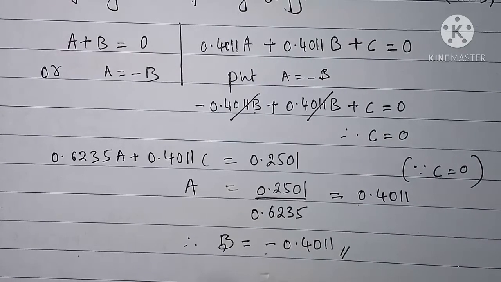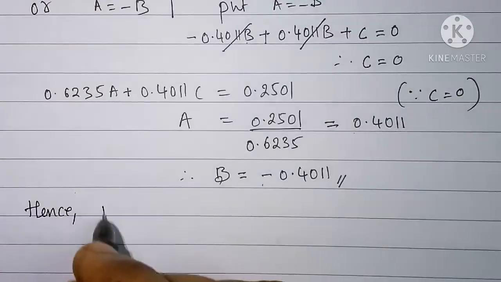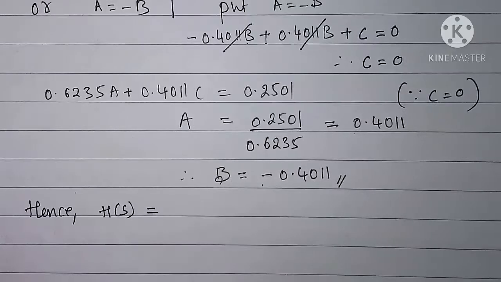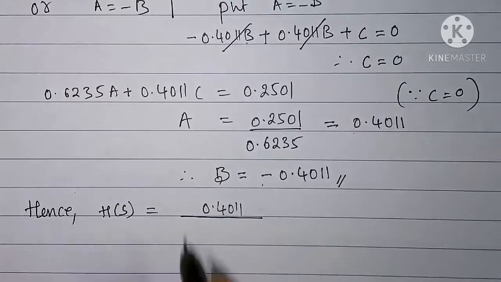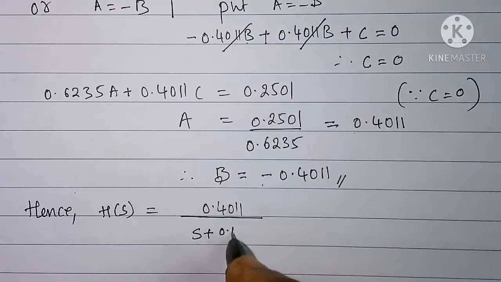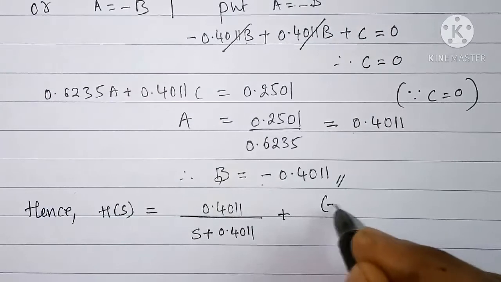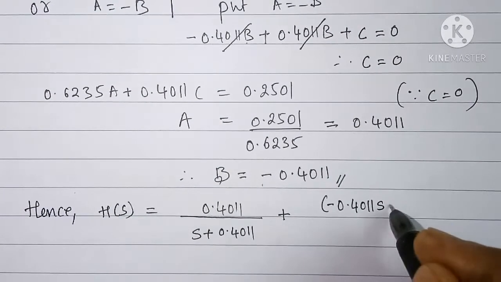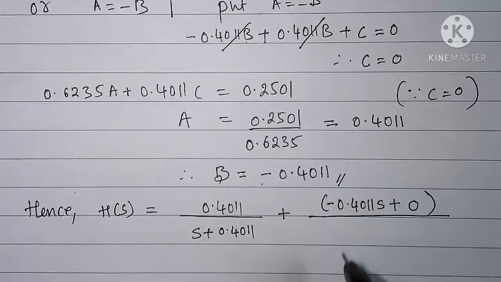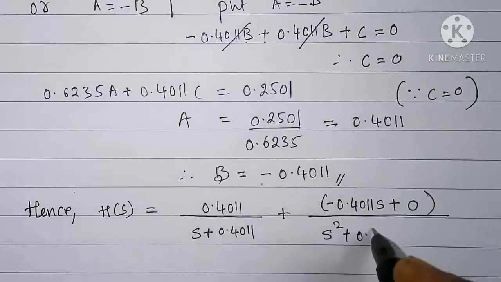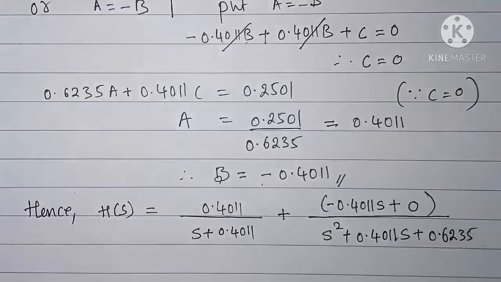Now substituting for a, b, c in h of s, we get 0.4011 divided by s plus 0.4011 plus (minus 0.4011 s plus 0) whole divided by s square plus 0.4011 s plus 0.6235.